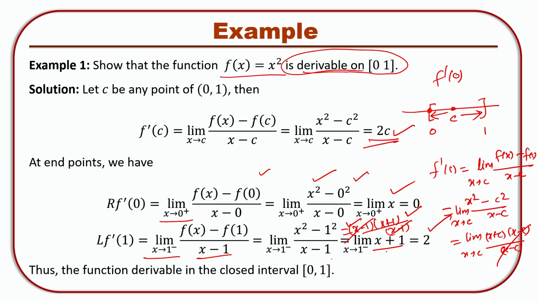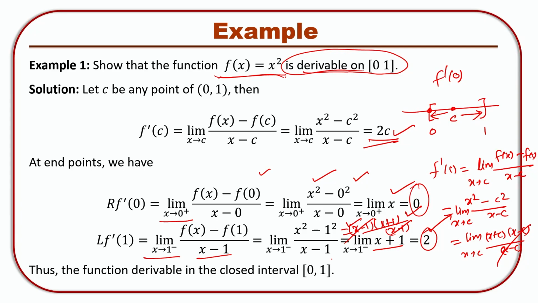So that means at the end point 0 the derivative is 0, and at the other end point 1 the derivative is 2. These two quantities exist and are finite values, and for any point c in the open interval (0, 1), we have seen that it is 2c.